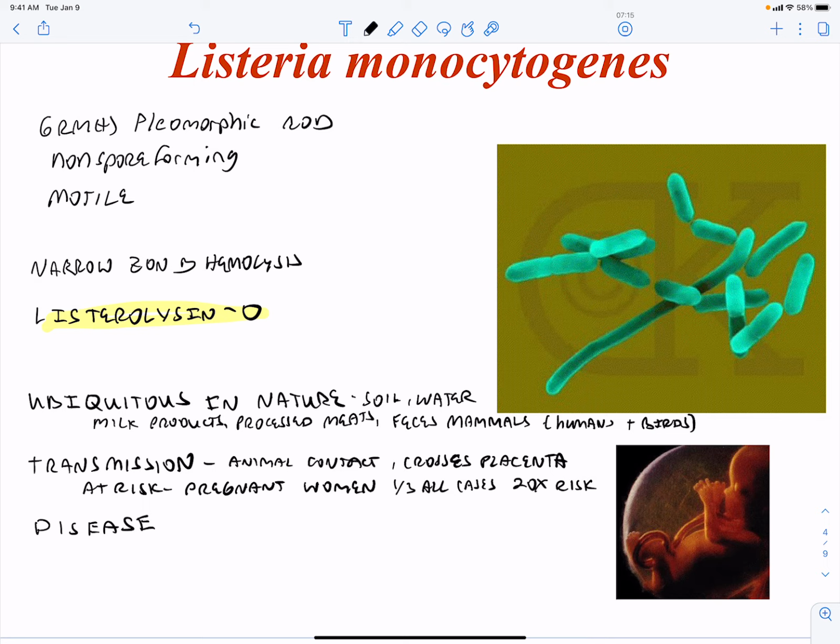Immune compromised, such as HIV, they have about 100 to 200 times the risk. And also the elderly are going to be at risk.